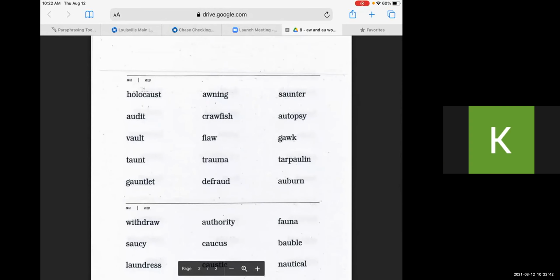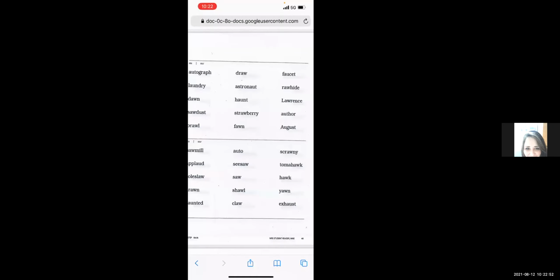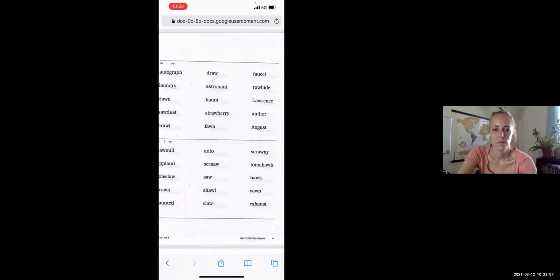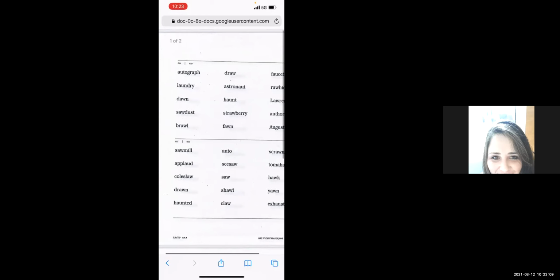Holocaust, audit, scrawny, tomahawk, jam, exhaust.